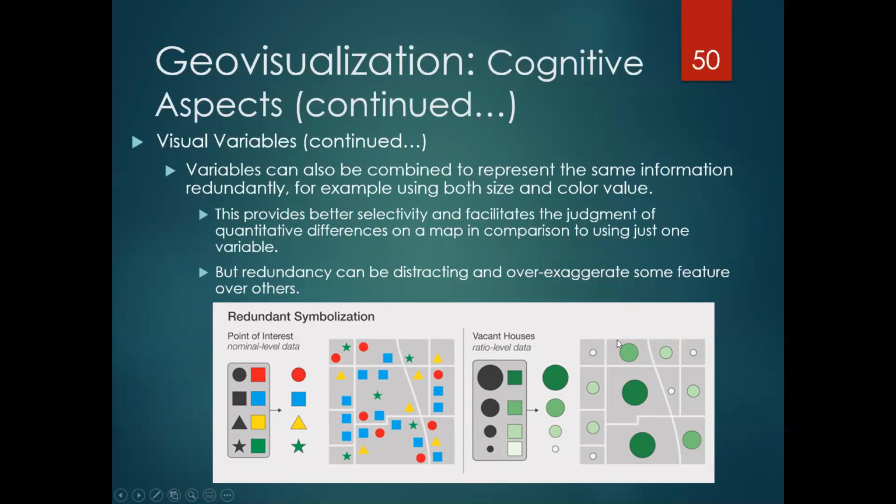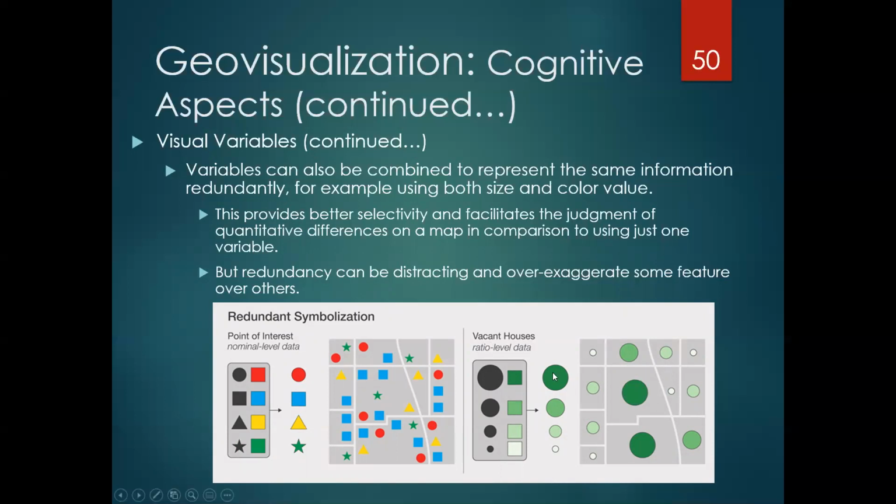On the right side, we have a good example of redundant symbolization. This time, this map is trying to show the vacant houses within this area at different blocks, and it's ratio level data, which means at each block a percentage of vacant houses is shown. So here, still two variables. First, the grayscale of green.